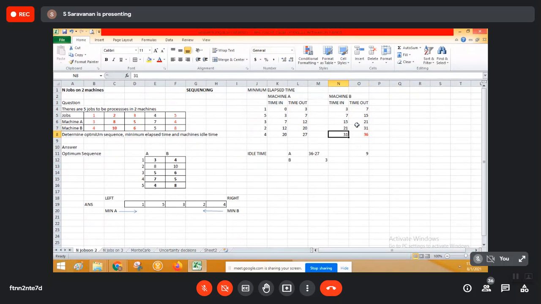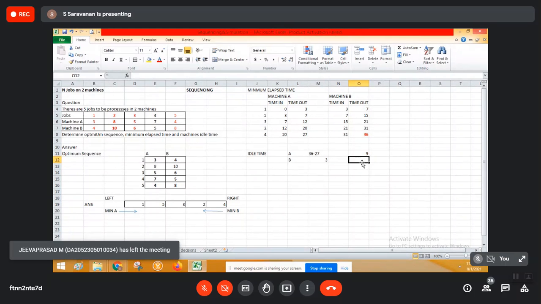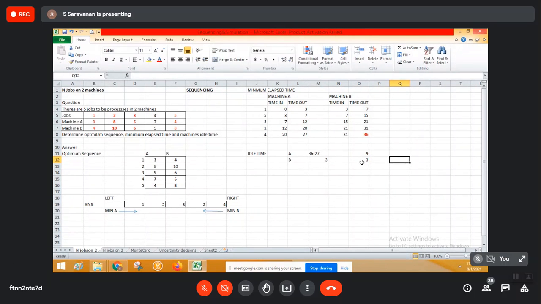Just a minute. 15, 15, 21. Yeah, only 3 minutes delay. So 9 and 3 minutes. It could be minutes or seconds. I'm not very sure because in this question nothing is specified. So the idle time of machine A is 9 minutes or seconds, and machine B is 3 minutes or seconds.